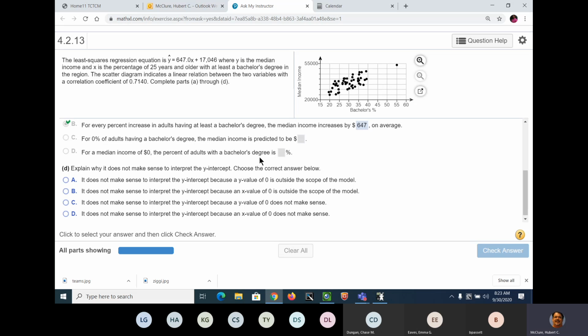So 0% bachelor's degree is unrealistic. It's out of the scope because they're starting at 15. So I would say outside the scope is where you want to go, and the x value of 0 is outside the scope.